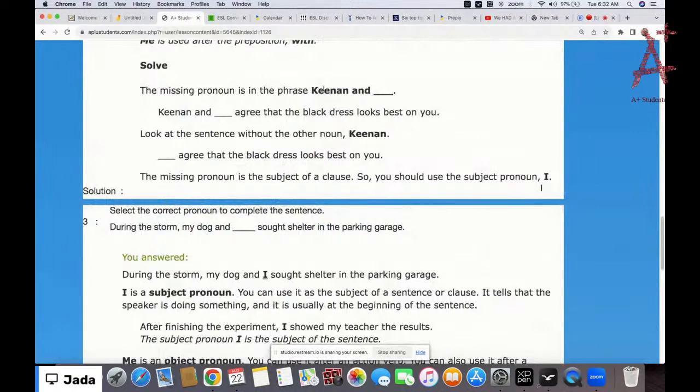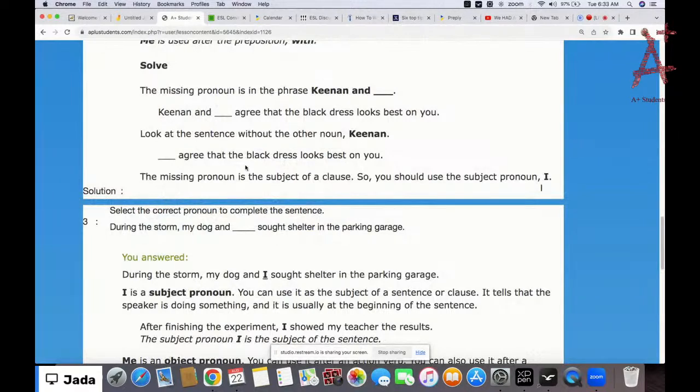When you remove it, there's an empty space left. So it's going to be I agree that the black dress looks best on me. So you see that when you remove the other noun, which is the name, and you just leave the empty space with the remaining sentence, you see that it's lacking a subject pronoun and you need to put the subject pronoun.